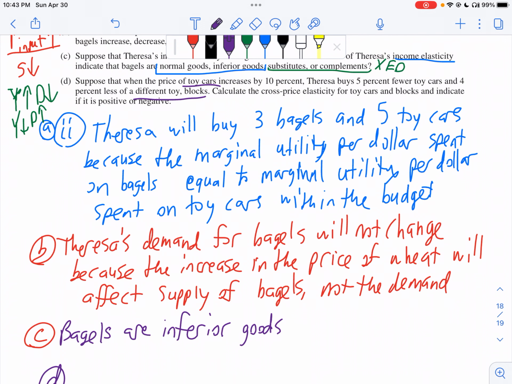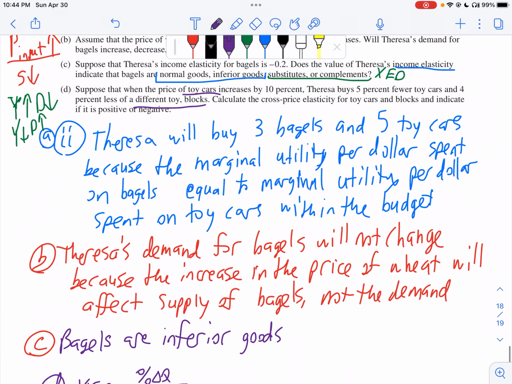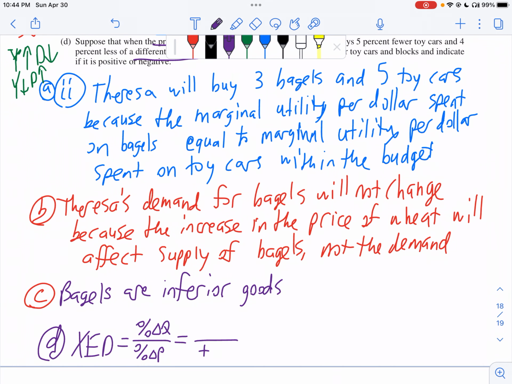Cross price. You're dealing with two goods. All right. Now the formula is the same. You're still doing the percent change in quantity divided by the percent change in price. So the change in price was the toy cars. Now it increases by 10%. So that's positive 10%.